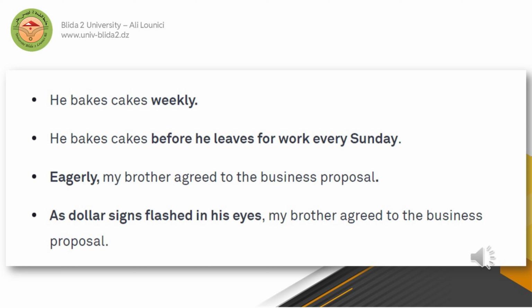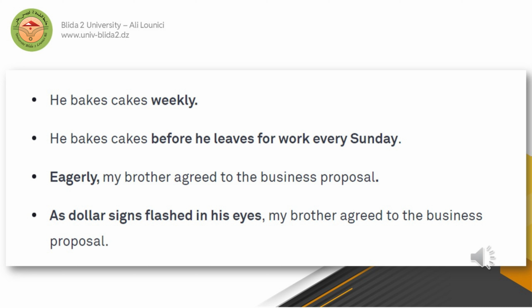So let's take a look at a few examples. He bakes cakes weekly. He bakes cakes before he leaves for work every Sunday. The difference between these two sentences is that the first one is a simple sentence, while the second one is a complex sentence with a clause that serves the same function as the word weekly. The same for examples 3 and 4.